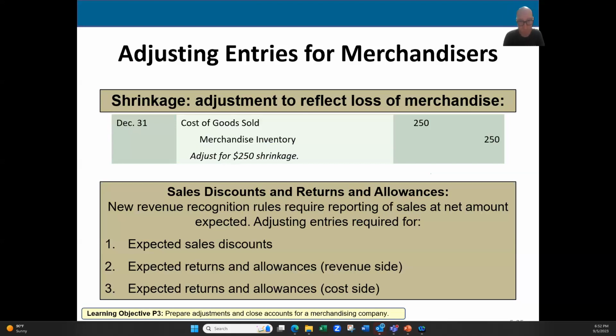So we have to account for what we call shrinkage, which is the loss of merchandise for whatever reason. So we did a physical count of inventory at the end of the year, as we always do, to verify what we have in our accounting system matches what's on our store shelves. And so we make adjusting entries for any type of loss. We debit cost of goods sold. We credit merchandise inventory to adjust for any kind of loss.